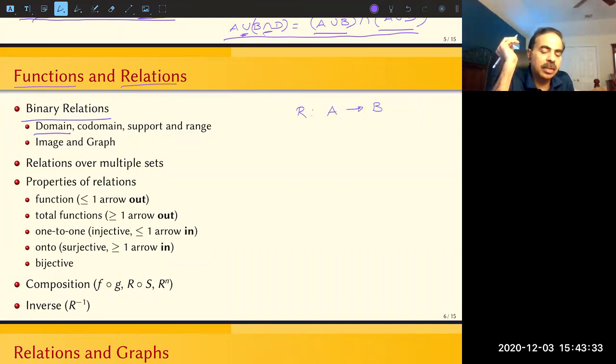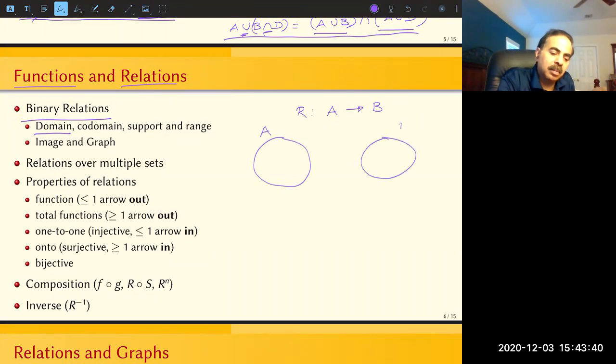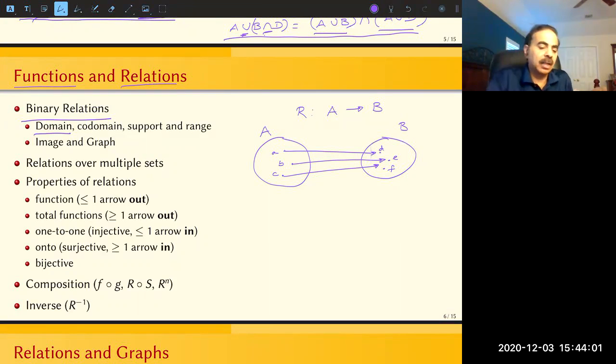A binary relation involves two sets A and B. We often draw a circle A, draw a circle B, and then whenever there is a relationship between two elements, one in A and one in B, we represent them by drawing arrows. So let's say this might be A, B, C, and D, right? So this is how we often pictorially represent relations.